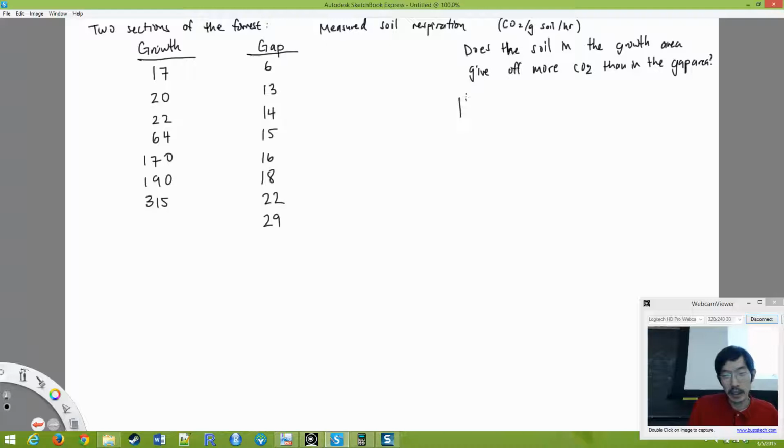Again, our null hypothesis is that the respective populations have the same distribution.